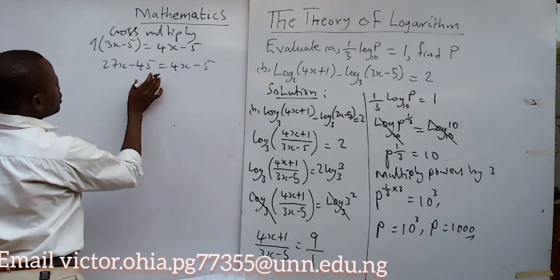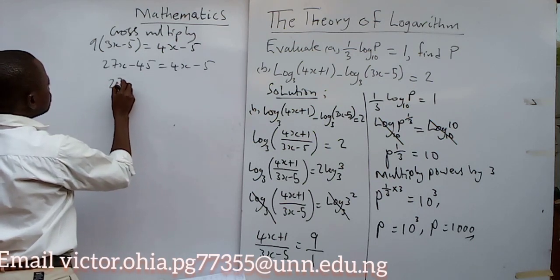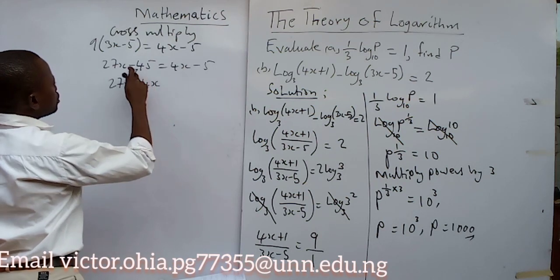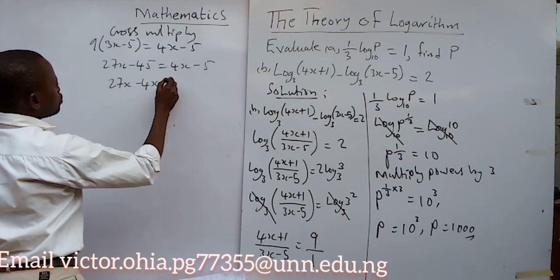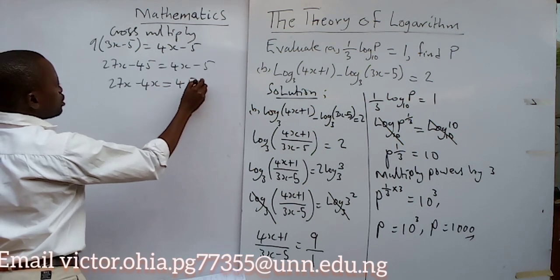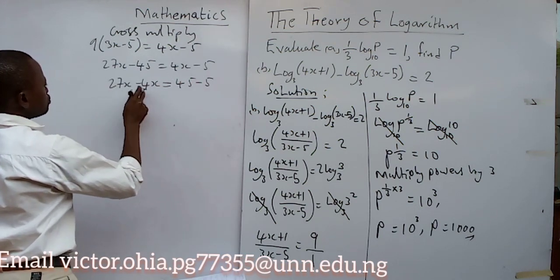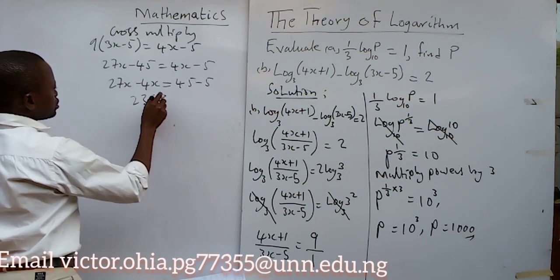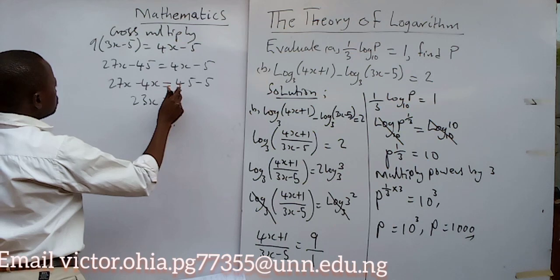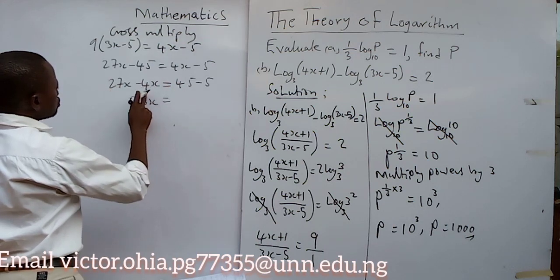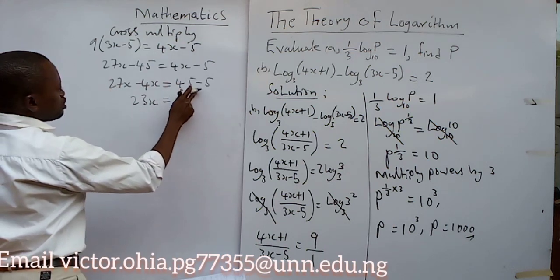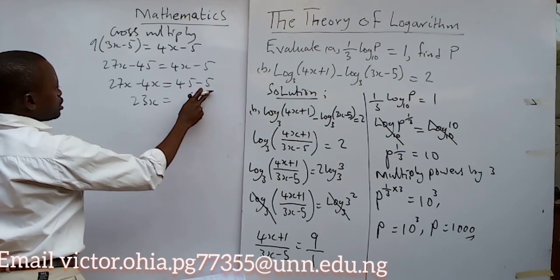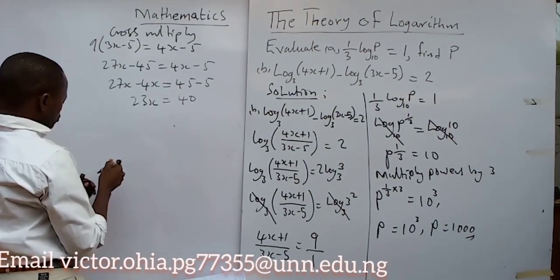So in collecting the like terms, I will have 27x minus 4x. I hope we are together. Let this come over here and we will have equals 45 minus 5. So 27x minus 4x will give us 23x, and 45 minus 5 will give us 40.